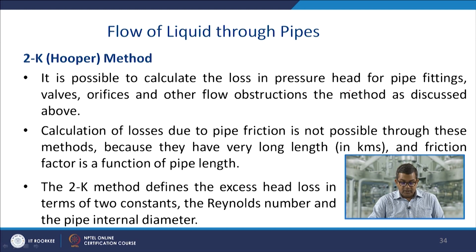So the 2K model defines the excess head loss in terms of two constants and the Reynolds number and the pipe internal diameter. So we may have Kf equal to K1 upon Re plus K infinity times 1 plus 1 upon ID in inches.